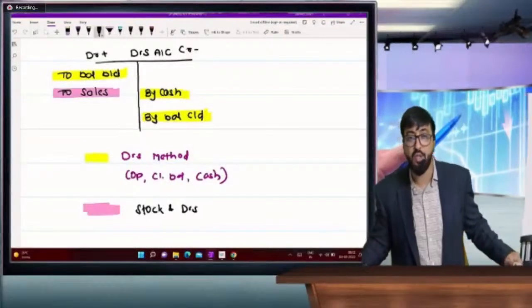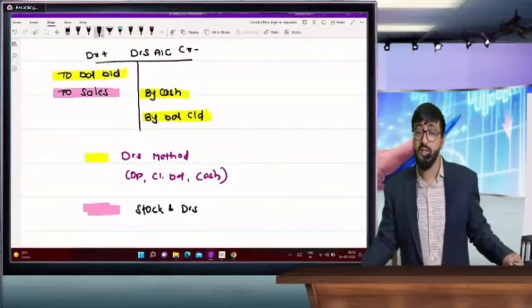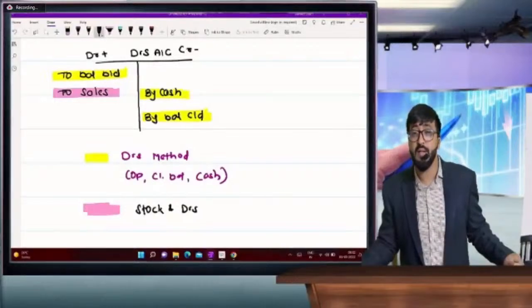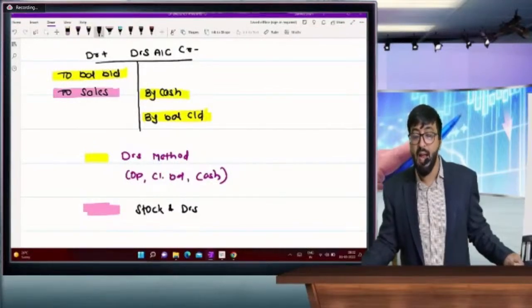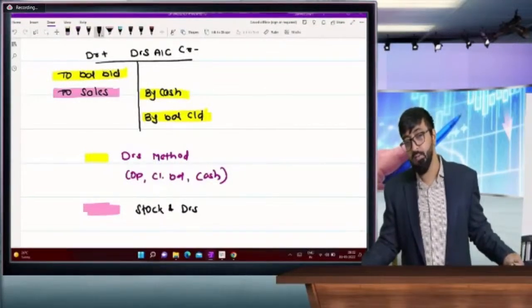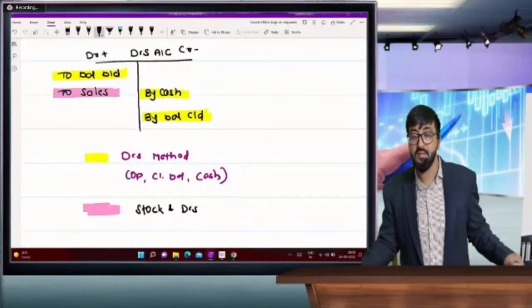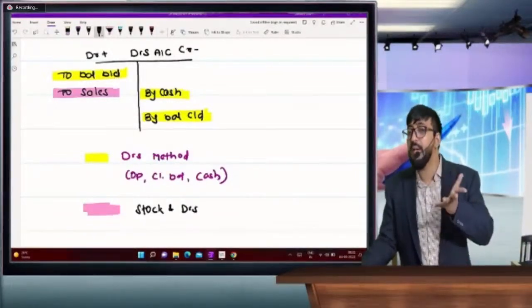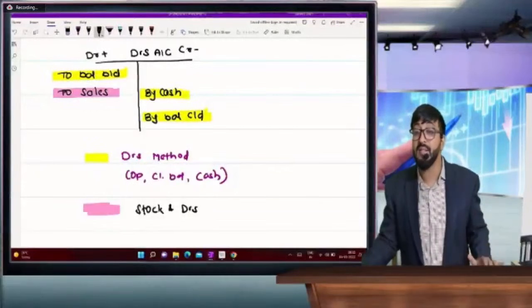If someone asks you, sir, what is the difference between debtors method and stock and debtors method? Debtors method focuses on opening and closing balance and cash remitted, and stock and debtors focuses on sales. This is the simple reason why you are getting the same answer.